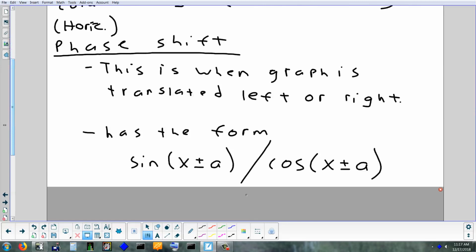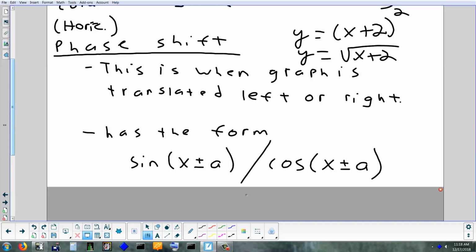Now, just like all the functions we've studied all year, if I did something like this, that's a parabola shifted 2 units to the left. Remember, it's always the opposite. So plus 2 would move it left. This is a square root function shifted 2 units to the left. Well, sine and cosine are exactly the same.